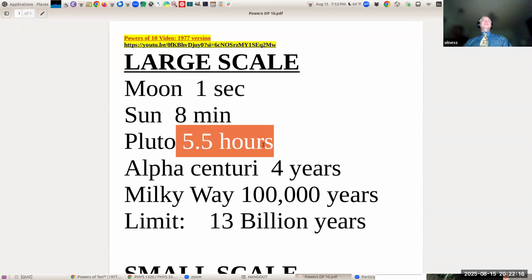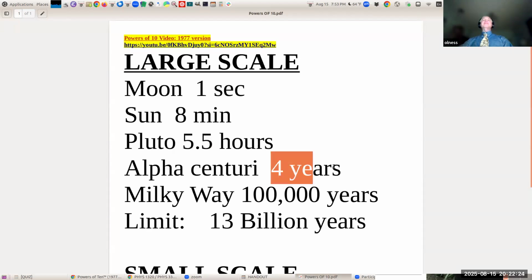Alpha Centauri is the nearest star, and it takes light 4 years to get there. So traveling at the speed of light, it would take you 4 years to get there. And of course, astronauts can't travel that fast. So if you wanted to go visit the nearest star, it would take you at least 4 years, and something less than that, depending on how fast you go. How about the Milky Way?